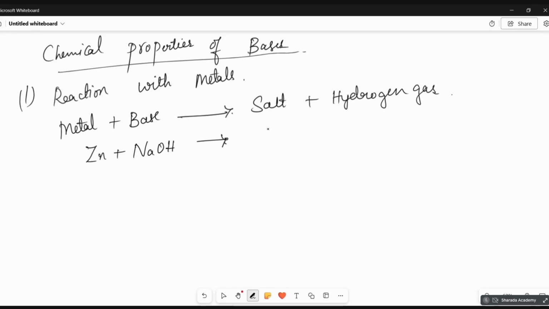The salt is Na2ZnO2, sodium zincate, plus the hydrogen gas. Zinc plus NaOH, a metal with a base, you will get a salt plus hydrogen gas.